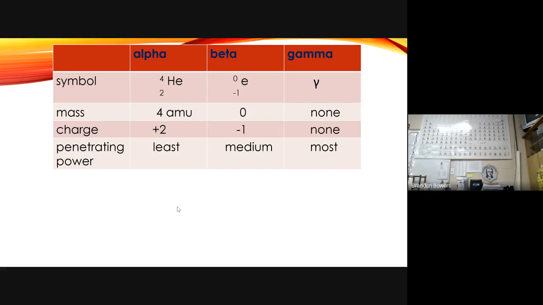Cool. Now the charges you'll have to think about a little bit. When we think about this, what's the charge of a neutron? Neutral. Very good. What's the charge of a proton? Positive. Very good. And that leaves electrons to be negative.